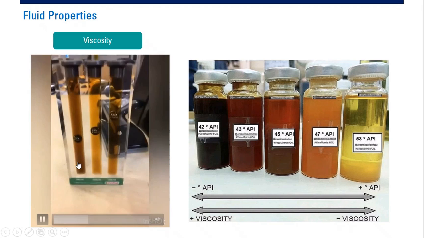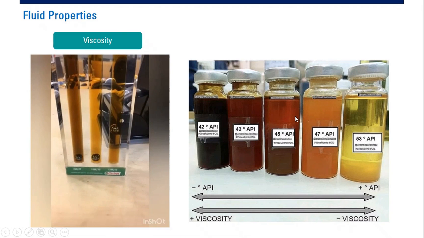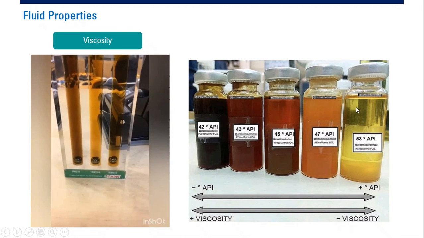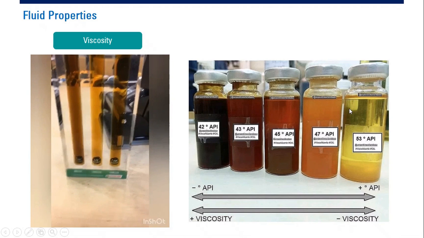And also the gravity or density. We usually measure the density in API degree. To the left, we have lower, smaller API; to the right, we have higher API. Yang kiri, heavier, lebih berat. Yang kanan, lighter, lebih ringan.